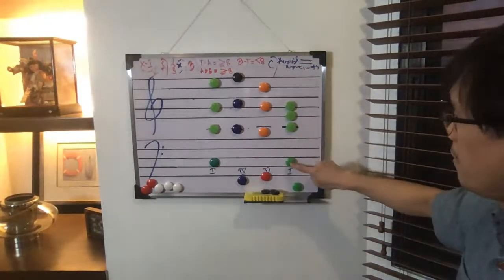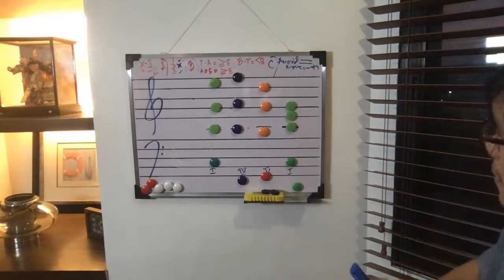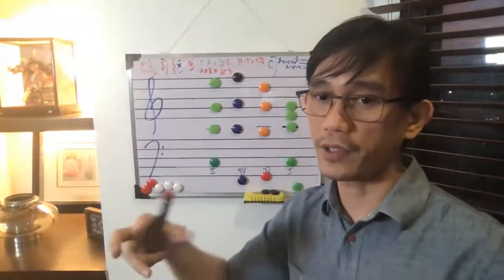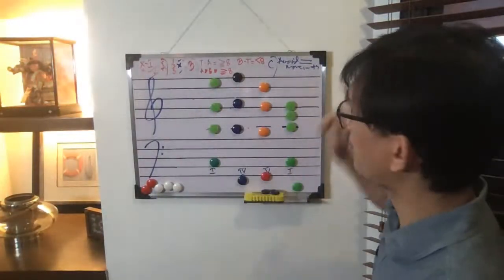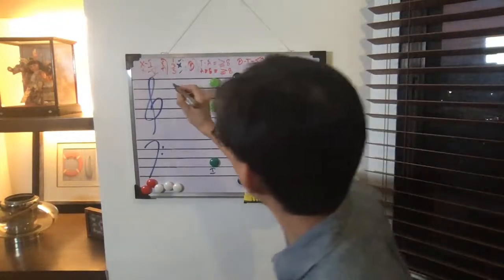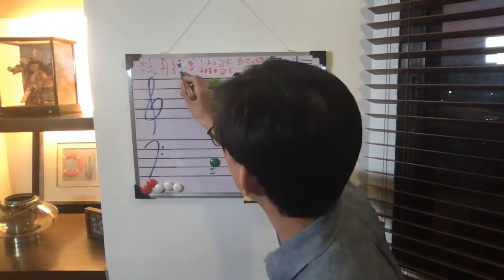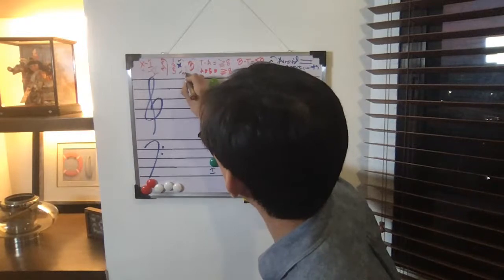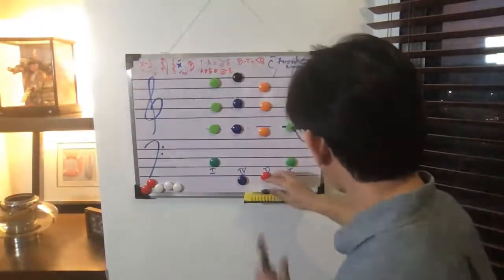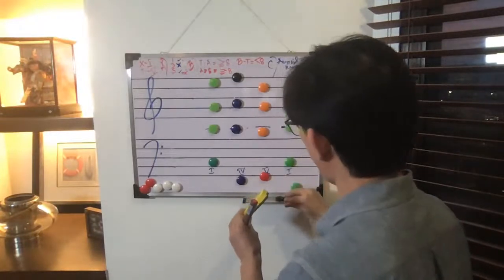So why don't we? This is the additional rule. When there are too many jumps, you can double, you can triple the fifth. So this one could be tripled. The fifth, oh, sorry, not the fifth, the tonic. Of course, it has to be the tonic.